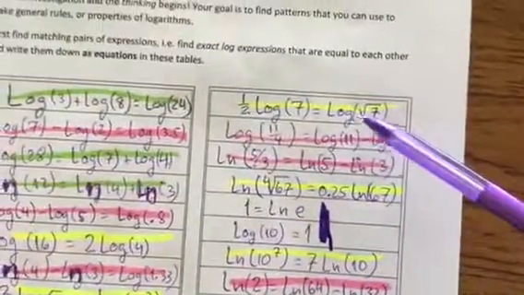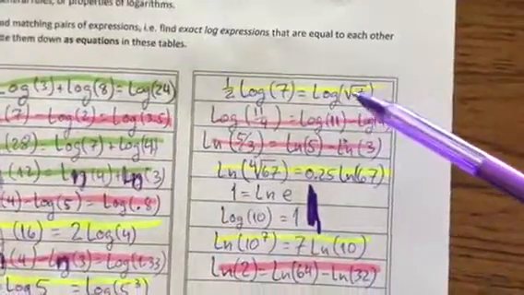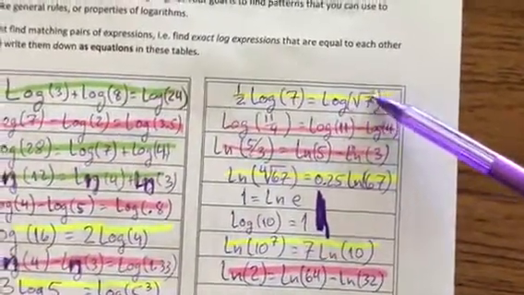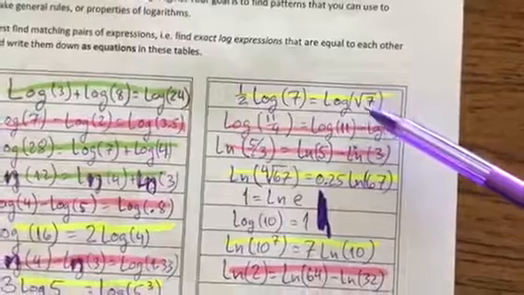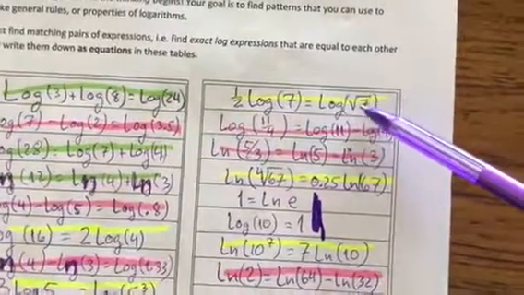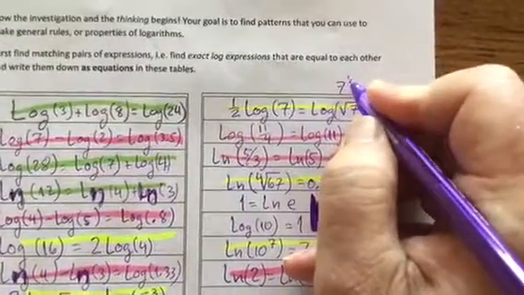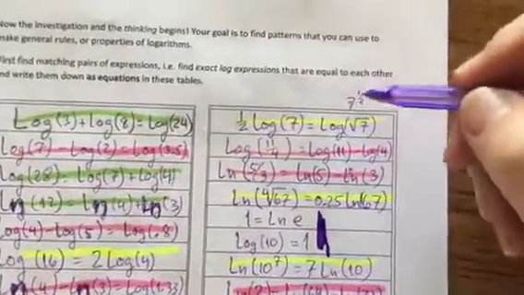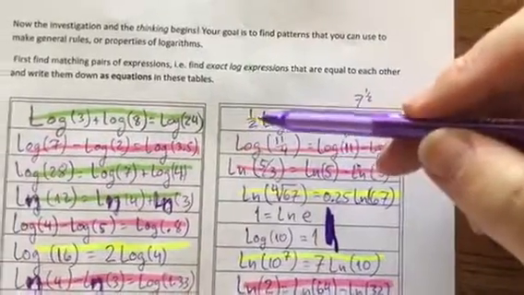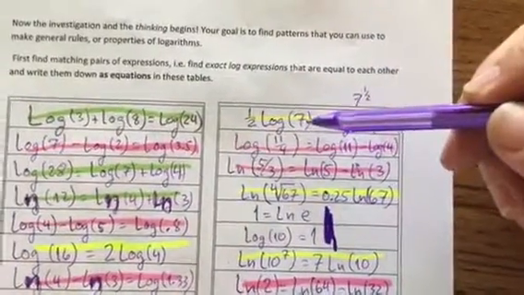That works in these cases as well, because even though this says the square root of 7, I can think of that as 7 to the 1/2 power, right? And so then there's my exponent of 1/2, and that again is multiplying this log of 7.